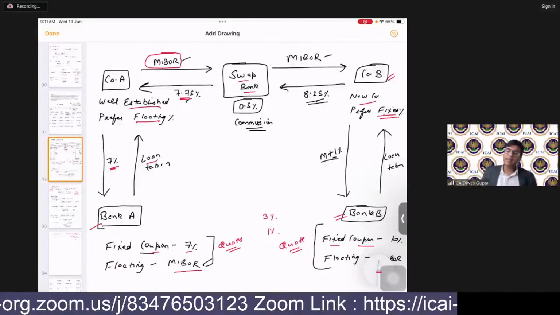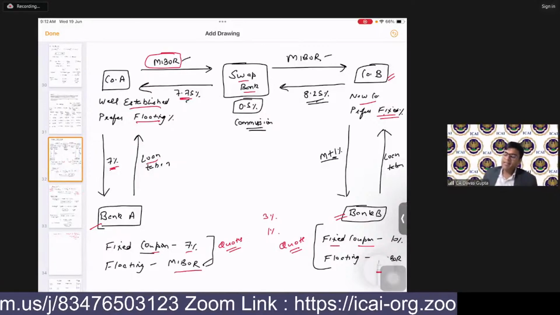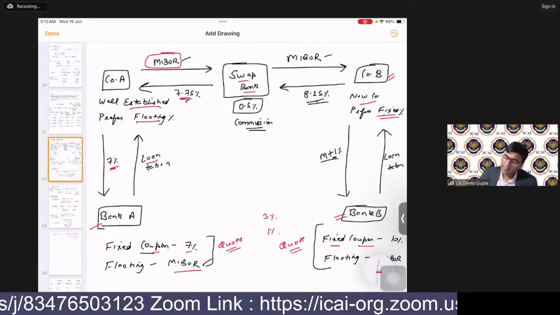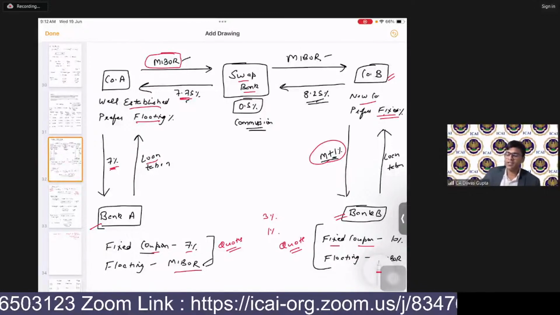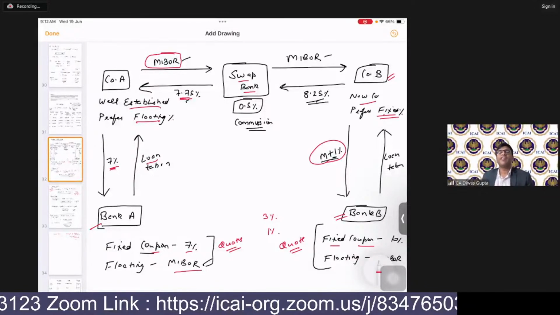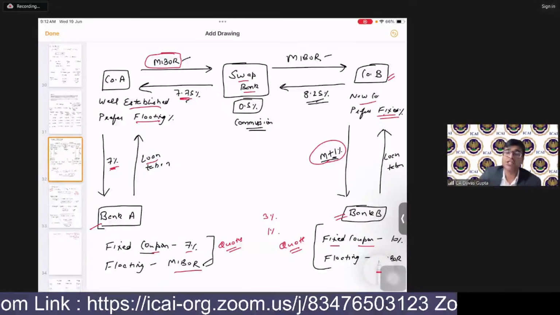Okay. Similarly, now coming to company B. Now swap bank will tell company B that ultimately you end up paying to the bank MIBOR plus 1%, which is not your preferred way, right? Your preferred way is having something fixed.